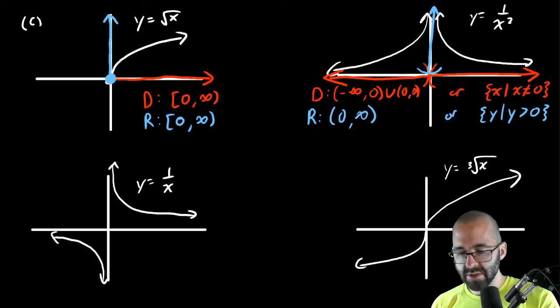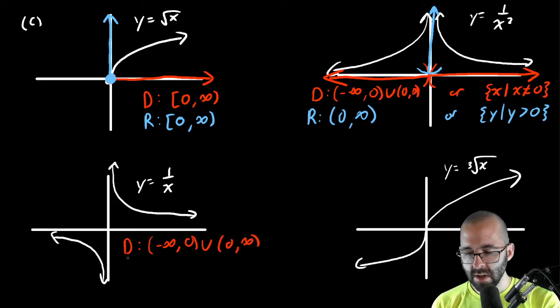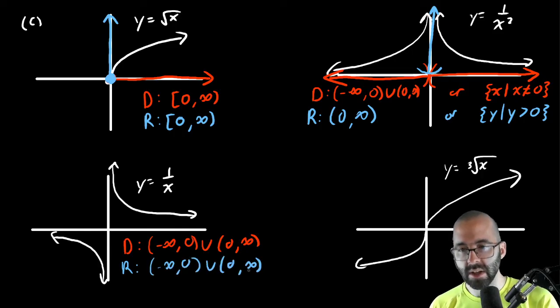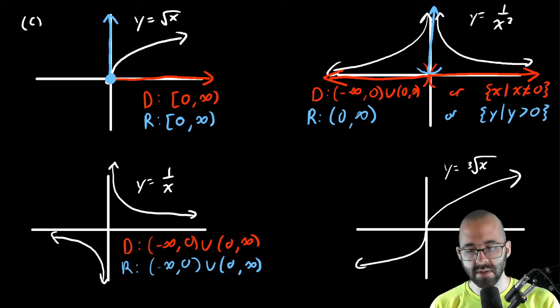We do some similar things for here, following a similar process. Domain is still going to be everything except, whoa, not that. Everything except 0. And the range is going to be a little different. It's also going to be everything except 0. You can compare this one, the reciprocal function, with the reciprocal squared function.